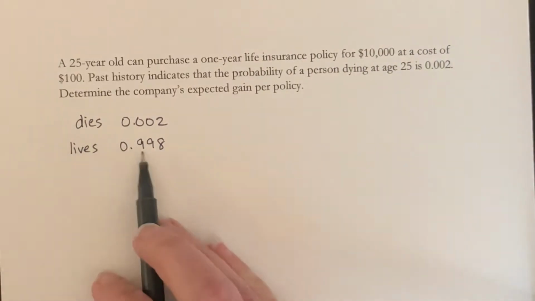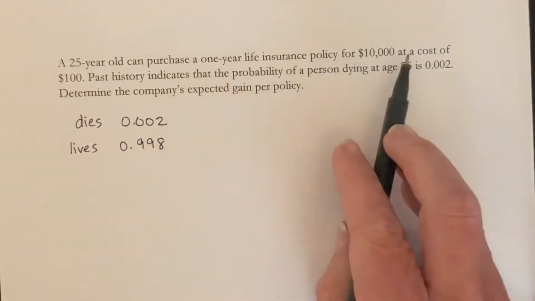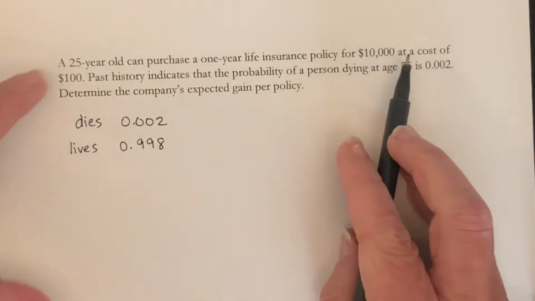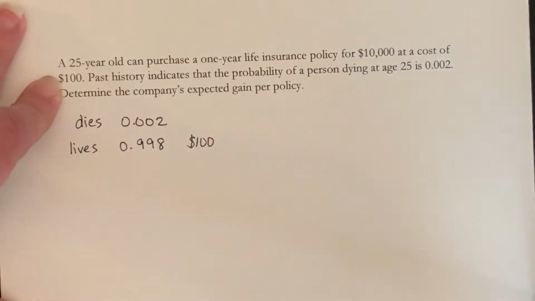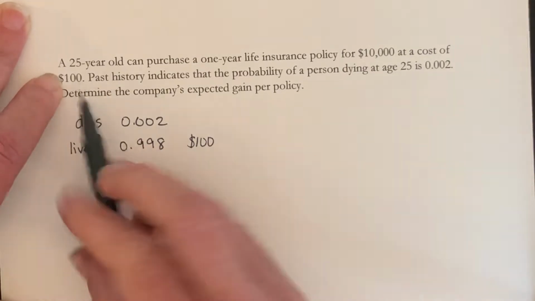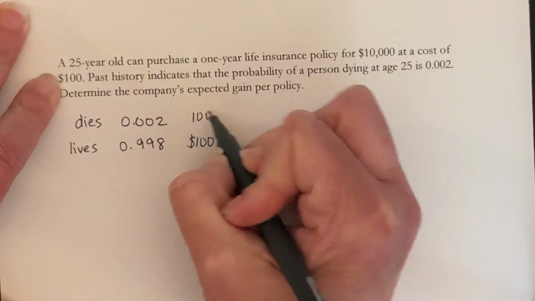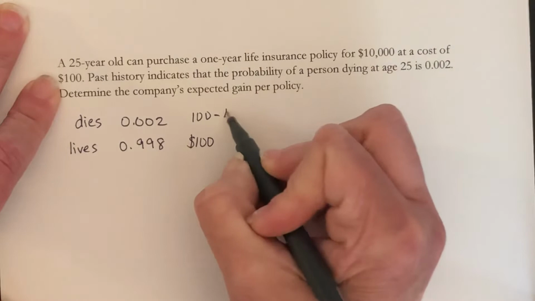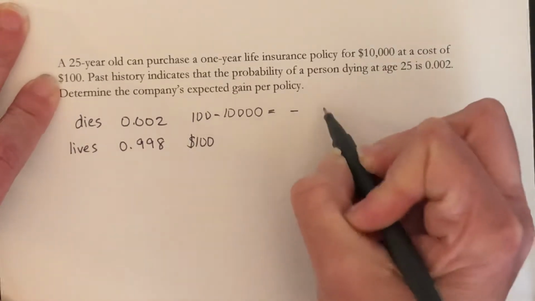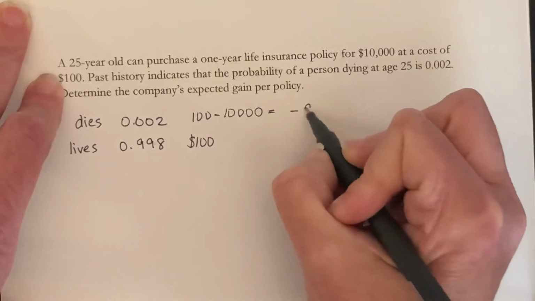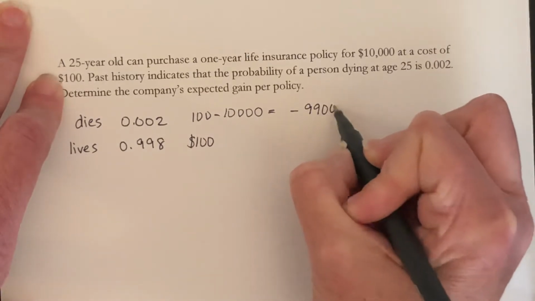If the person lives, then the company doesn't have to pay out anything, and the company makes $100 on that. Now, if the person dies, they brought in $100 to begin with, but then they have to pay out $10,000 because the person died. So that's going to be a loss of $9,900.